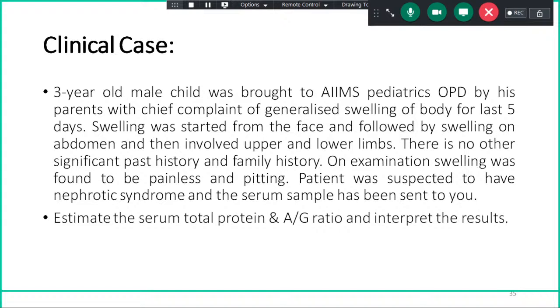On examination, the swelling was found to be painless and pitting, and the patient was suspected to have nephrotic syndrome, and the serum sample is provided to you. You have to estimate the serum total protein and AG ratio and interpret the result. To estimate the AG ratio, you also have to estimate albumin.